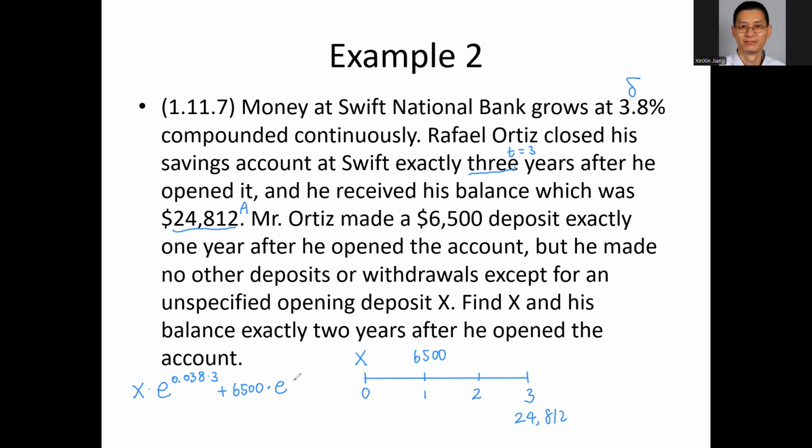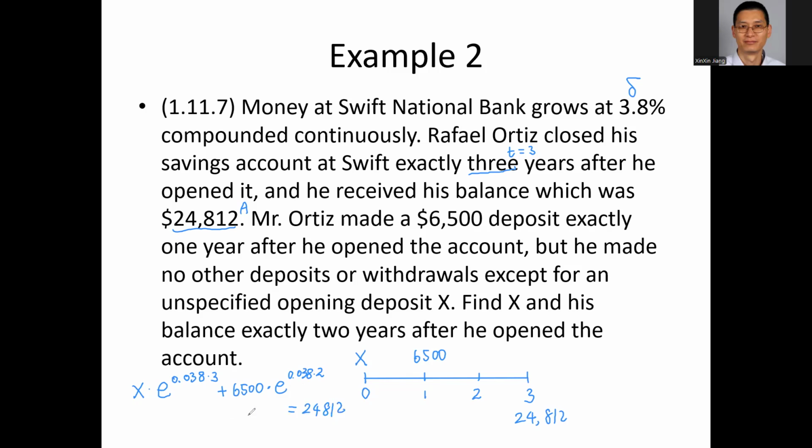So 6,500 times e to the delta t. It has 2 years. That should be equal to 24,812.